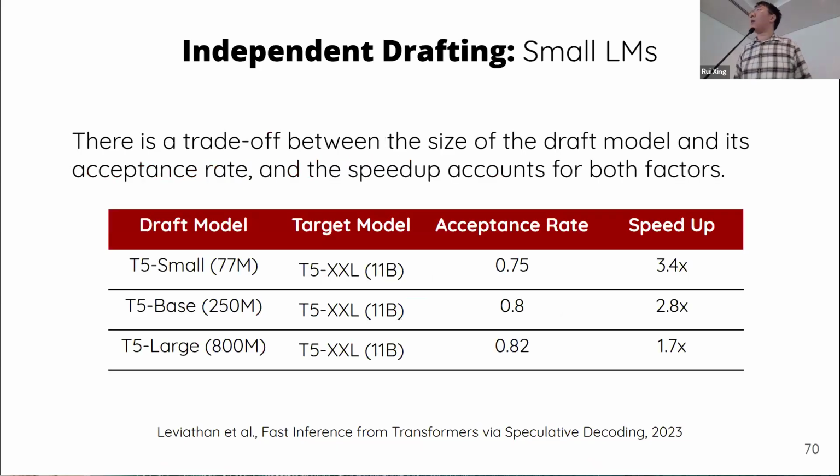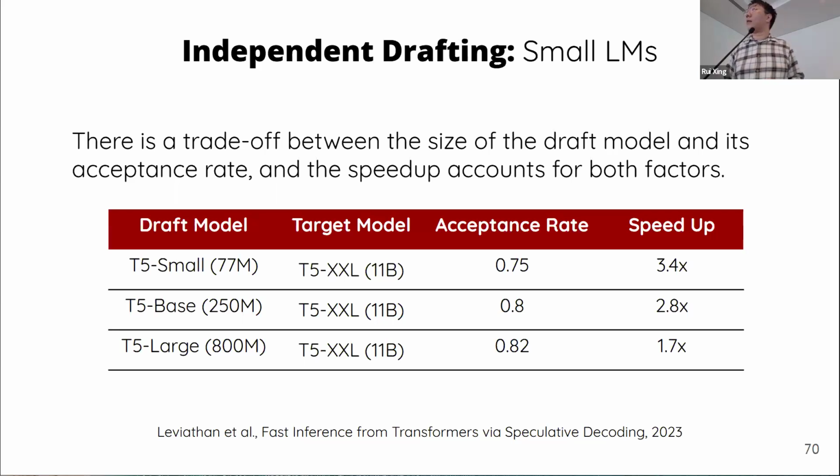We have mentioned that small language models are very good for drafting. But there is a trade-off between the size of the draft model and the acceptance rate, as we showed in the drafting. If we use T5-XXL, an 11 billion parameter model, as the target model, we can use different draft models for it.